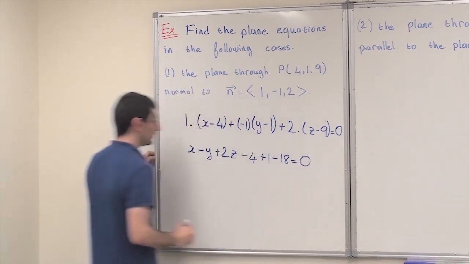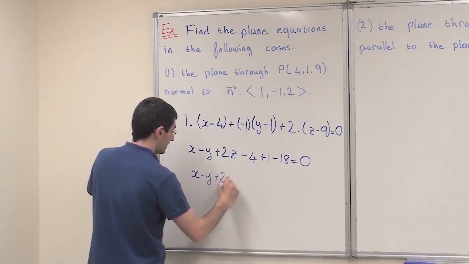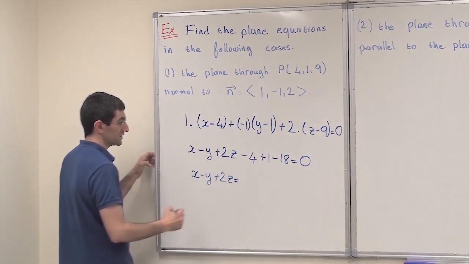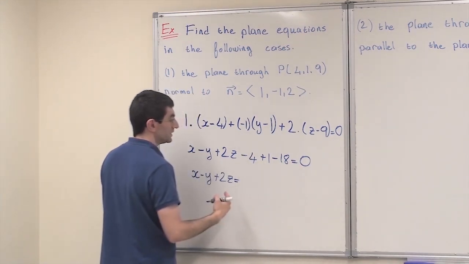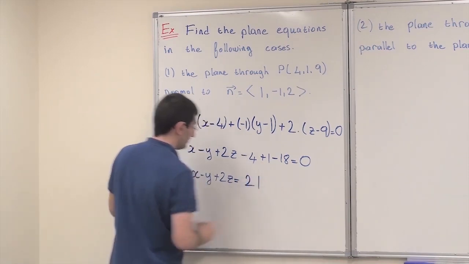It's equal to 0. If I simplify one more step and move all the constants to the other side, I will have plus 18, plus 4, which is 22, and minus 1, 21.